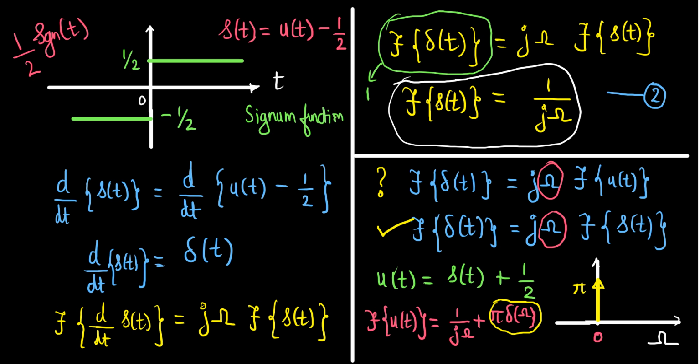So we have derived the Fourier transform of a unit step signal and the Fourier transform of the Signum function, or the scaled version of the Signum function. Now let us quickly recapitulate what we have done so far.